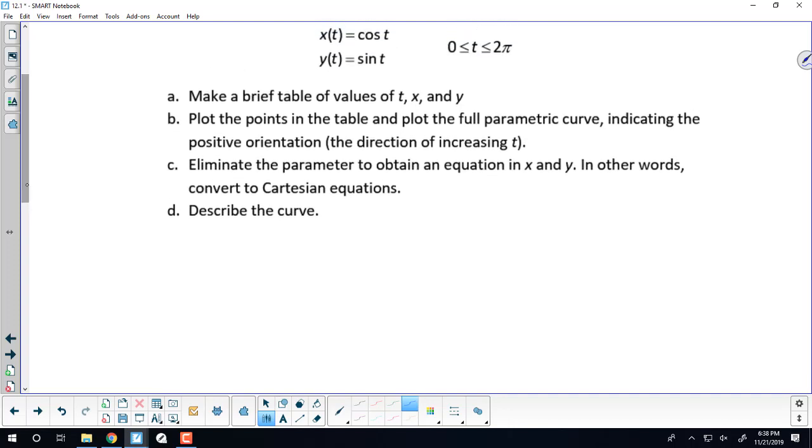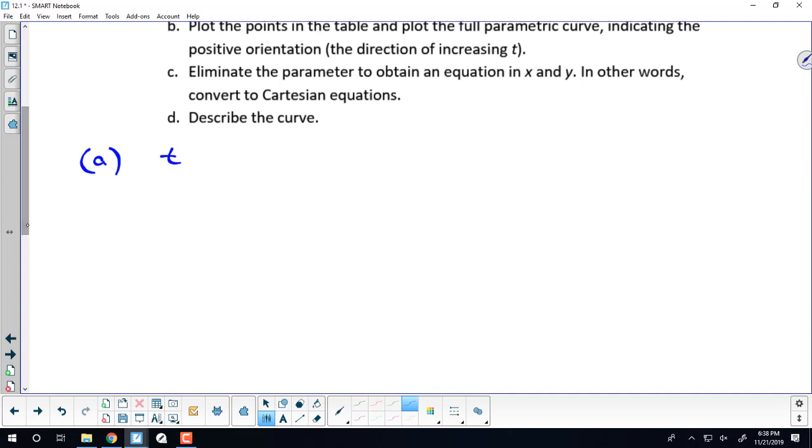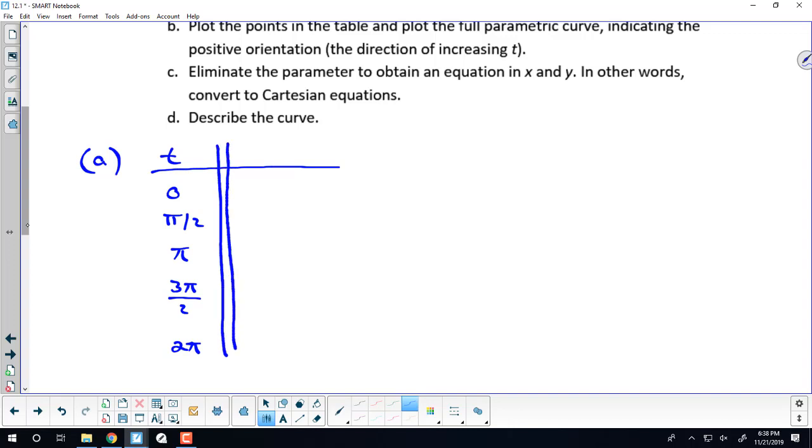So we have x is cosine t and y is sine t. t ranges from 0 to 2 pi. So when we look at t ranging from 0 to 2 pi, we'll just plot some of these values of t, and then we'll have our x and our y.